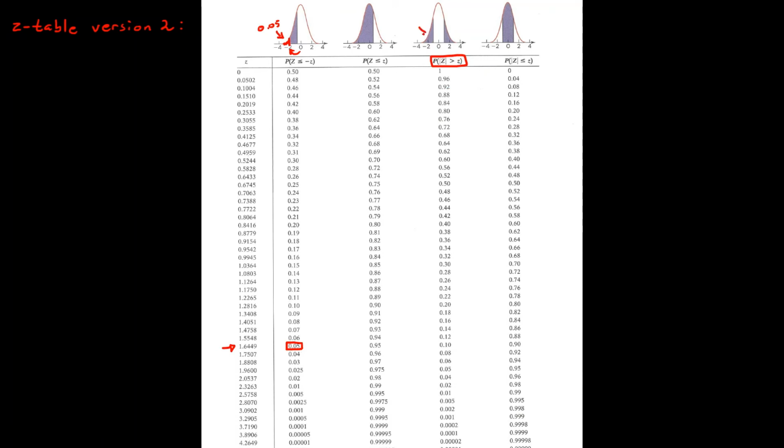In this case, you have 0.05 here and 0.05 here, which means that you have a significance level of 10%, and coincidentally you have that down here, corresponding to a tail probability of 5%, because you have 5% in one tail and 5% in the other. So this is how you use this second version of the table.